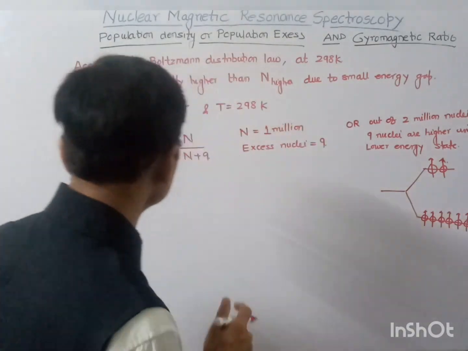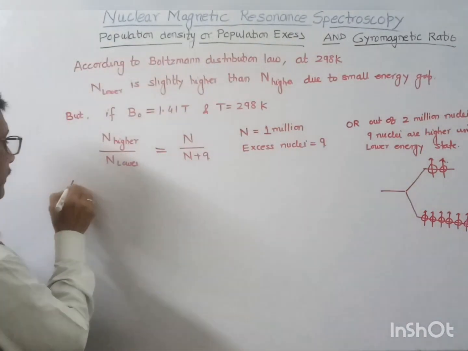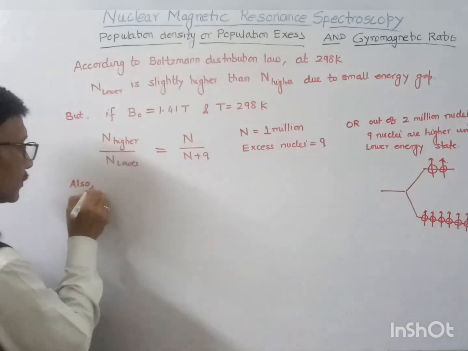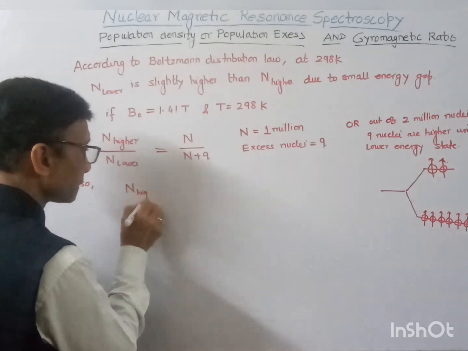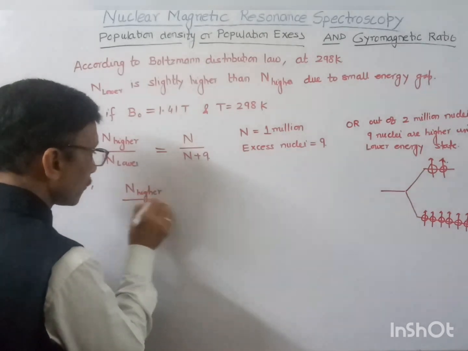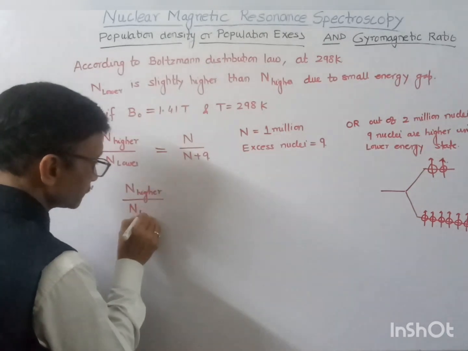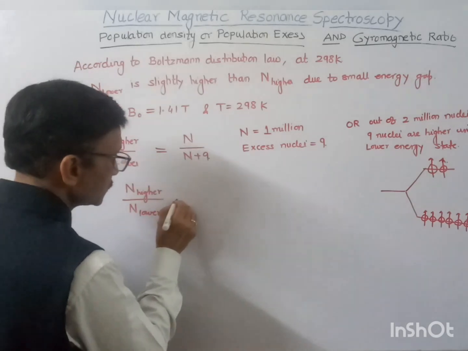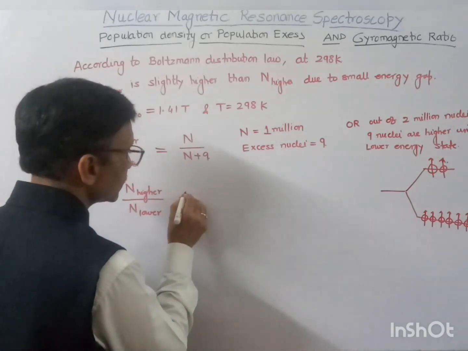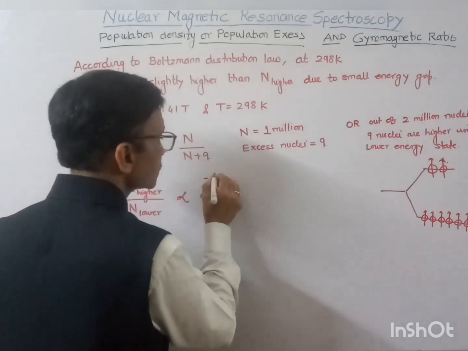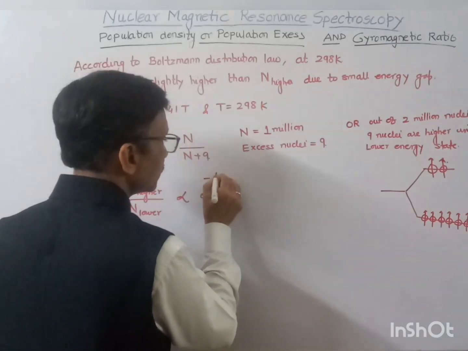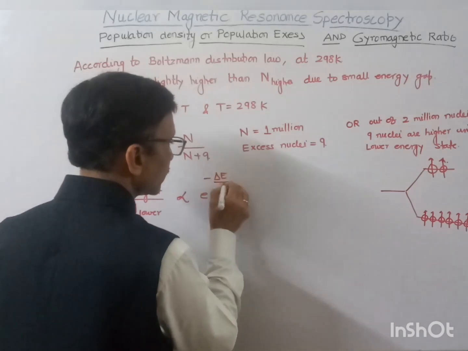Now, we also know that according to Boltzmann distribution, N higher upon N lower is directly proportional to e to the power minus delta E upon kT.